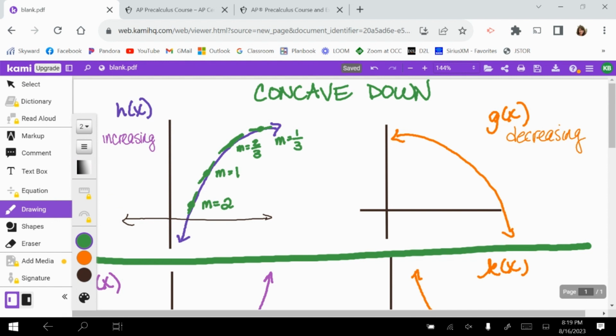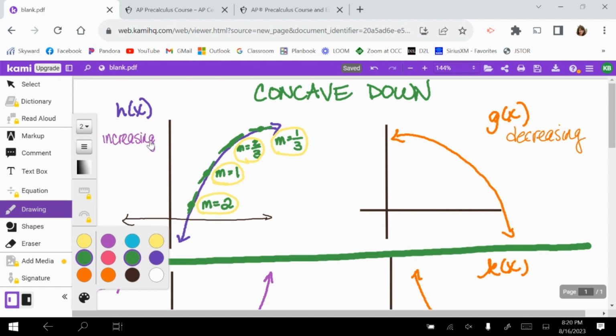Okay, so slope and rate of change are synonymous. If you're thinking about what is happening to the rate of change as the inputs increase, or as you're looking at the graph of h of x from left to right, first we have a rate of change of 2, and then a rate of change of 1, and then a rate of change of 2/3, and then a rate of change of 1/3.